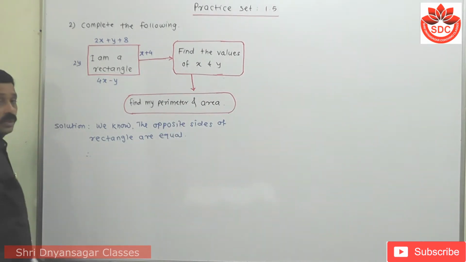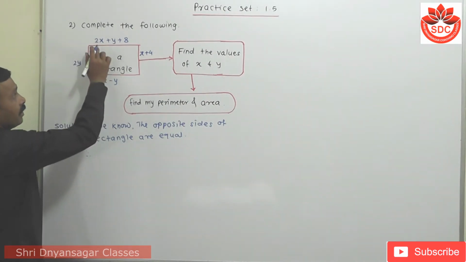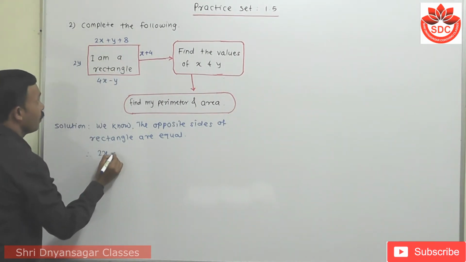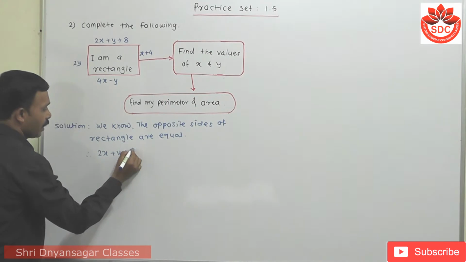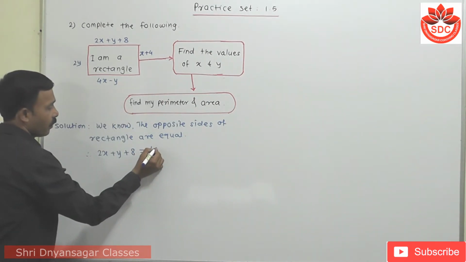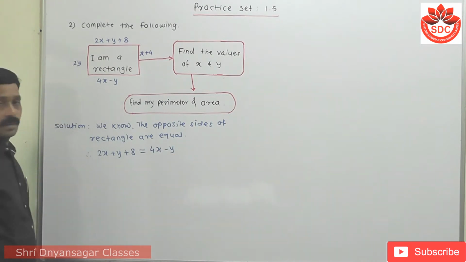Therefore the opposite sides, this is the length, so we take here 2x plus y plus 8 is equal to, this is the length, 4x minus y.